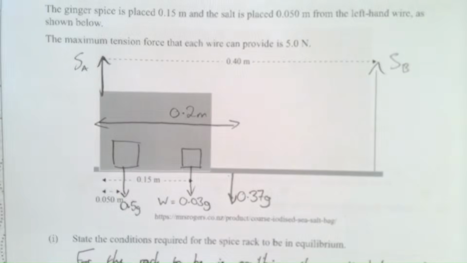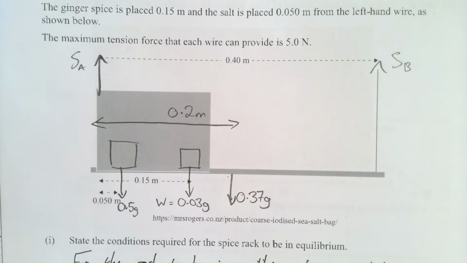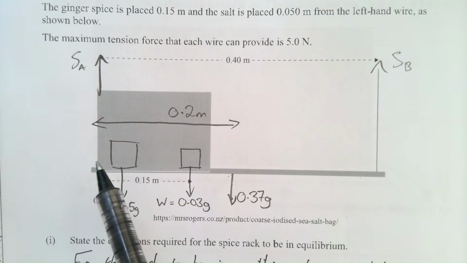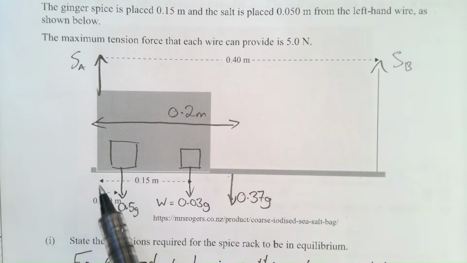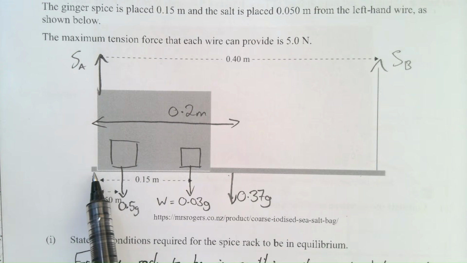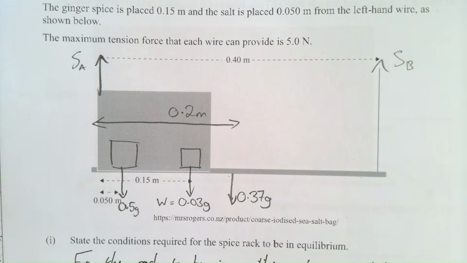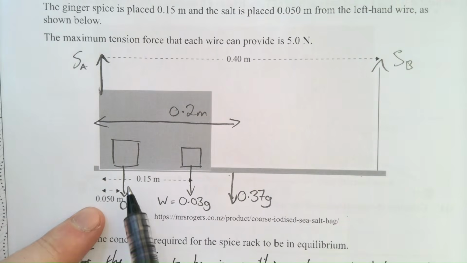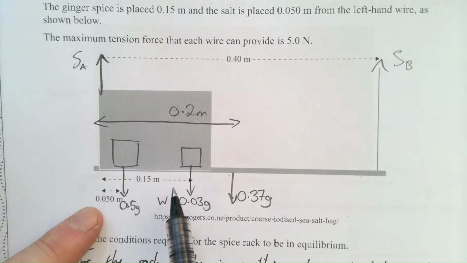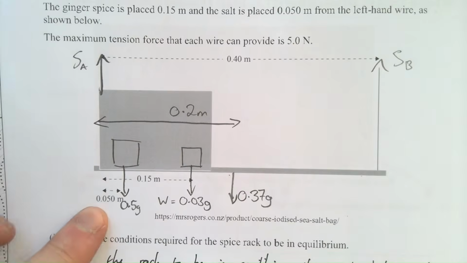In order to make this a lot easier and remove an unknown from our equation, we should set our pivot point to be at either SA or SB. Because we're already measuring these distances from the left-hand side, it will save about 10 seconds worth of thinking.